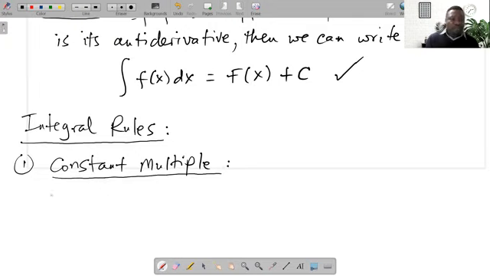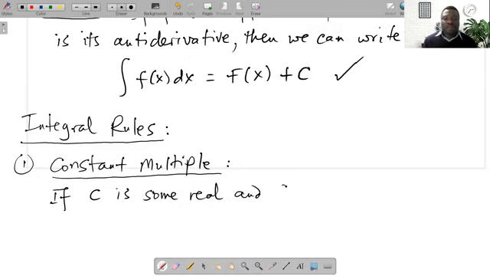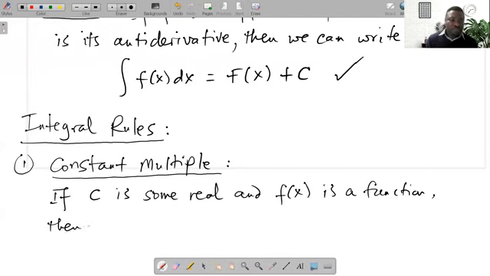Let's say that if c is some real number and f of x is some function, then anytime you have the integral of c times f of x dx, you can always push the constant outside your integral.